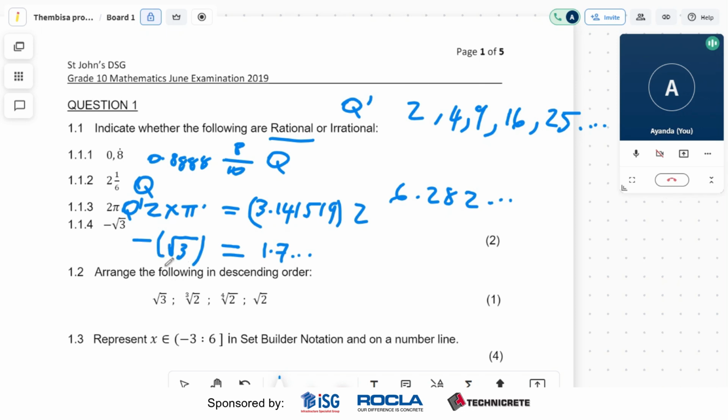So the negative of a square root of an imperfect square is just going to give us an irrational number. So 0.8 recurring, rational, 2 and a sixth, rational, 2 pi, irrational, and negative square root 3 is going to give us an irrational number as well.